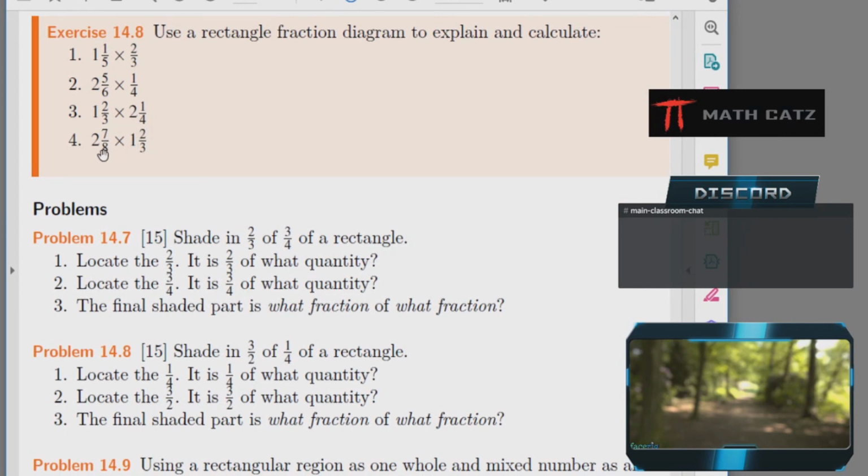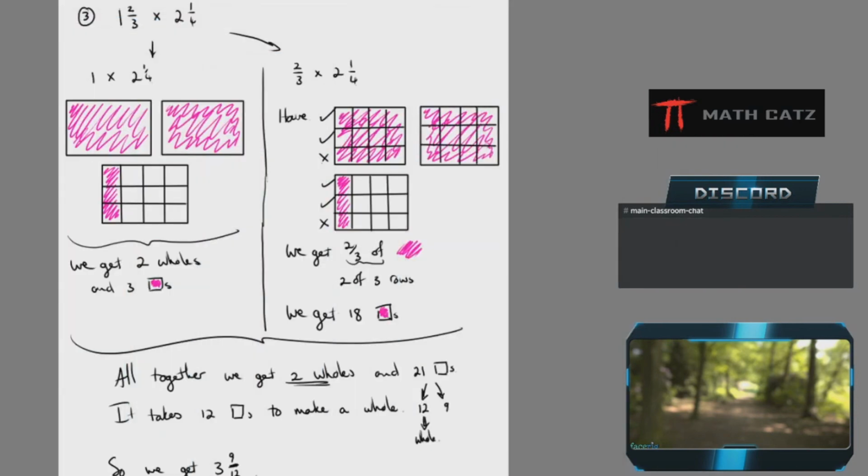But the concept of what we're doing here is not really new. I just have to realize that with a mixed number as the first one in my multiplication, the intuitive understanding of the instructions comes in two parts, and I have to split it up accordingly.